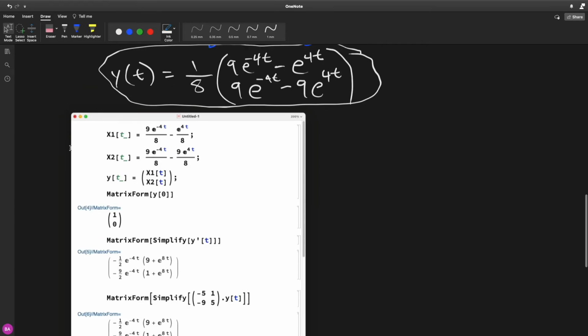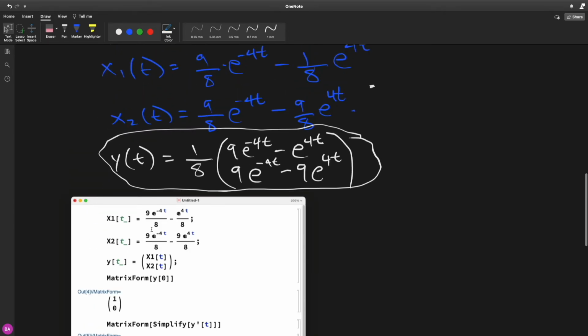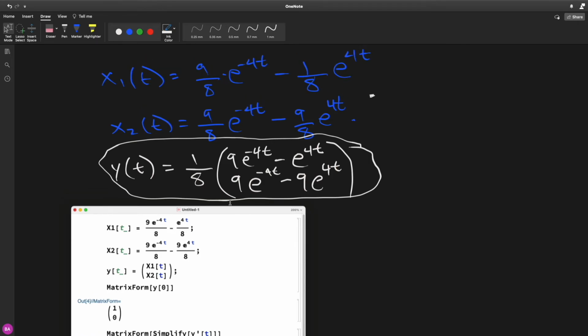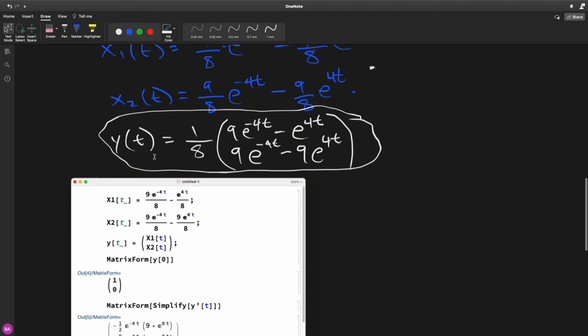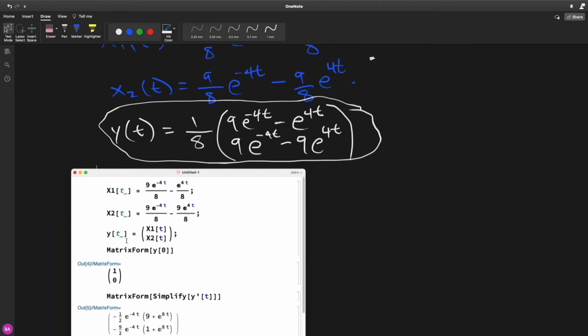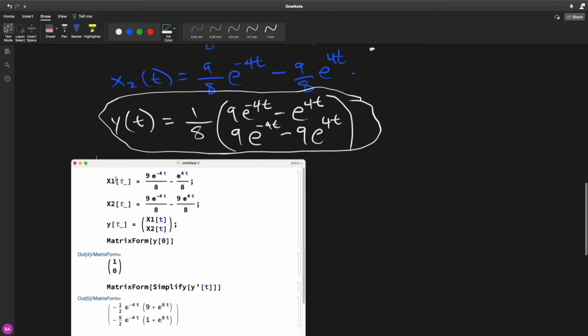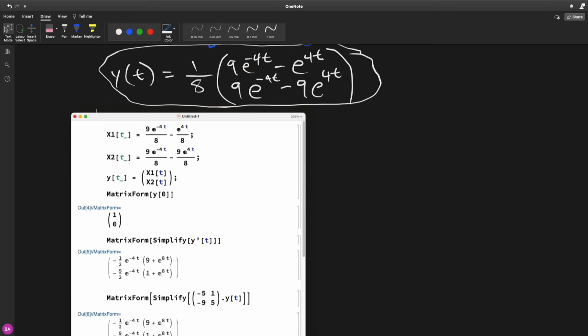We have x1t is 9/8 e to the negative 4t minus e to the 4t over 8. So the same thing we got here. And the same thing for x2t, which is 9/8 e to the negative 4t minus 9/8 e to the 4t. I just set up yt to be a matrix consisting of x1 and x2. The first thing we want to check is that the matrix form of y0, the initial condition, matches our 1, 0, which we see it does.